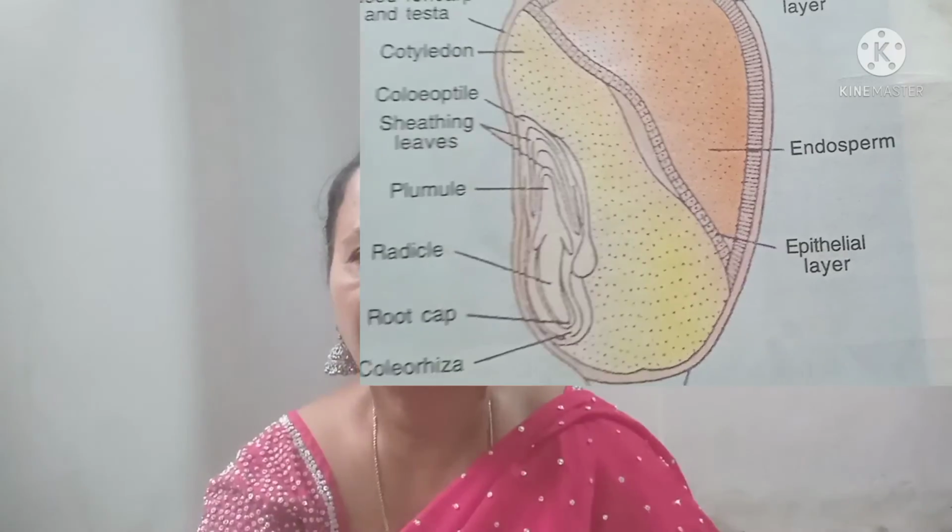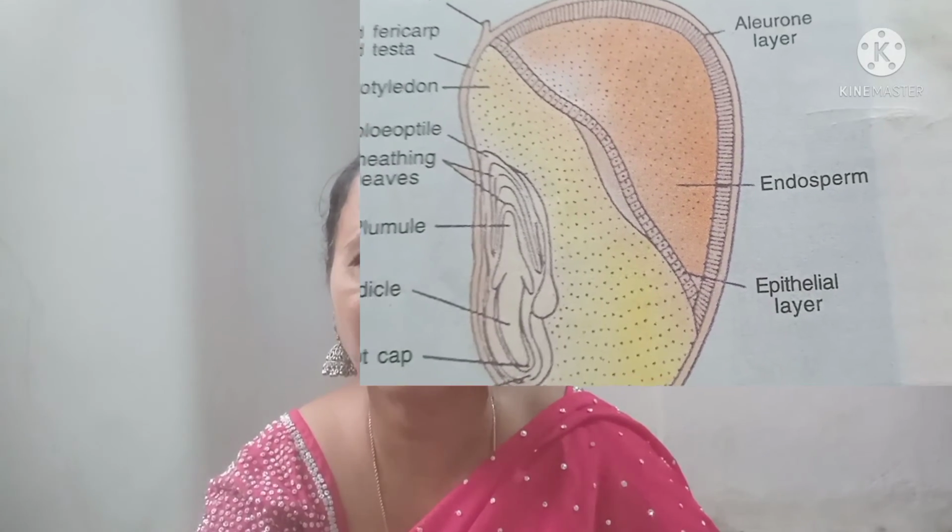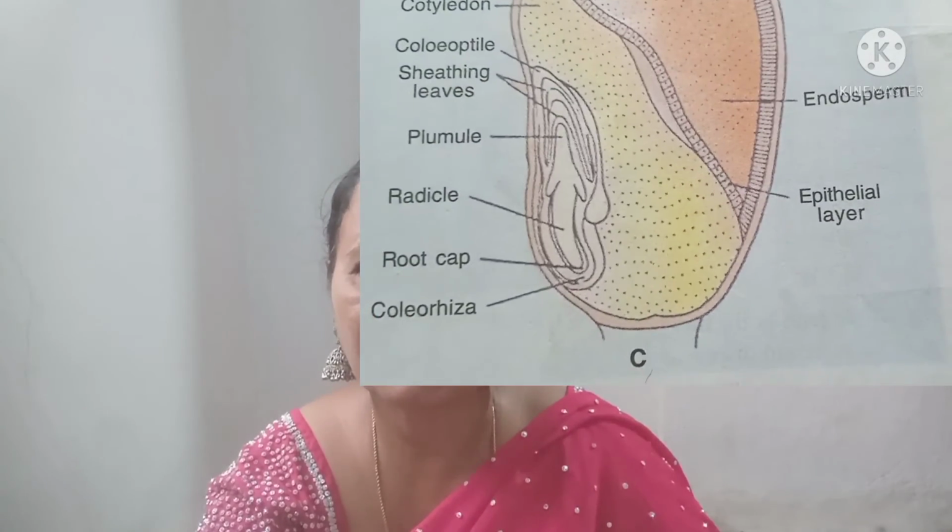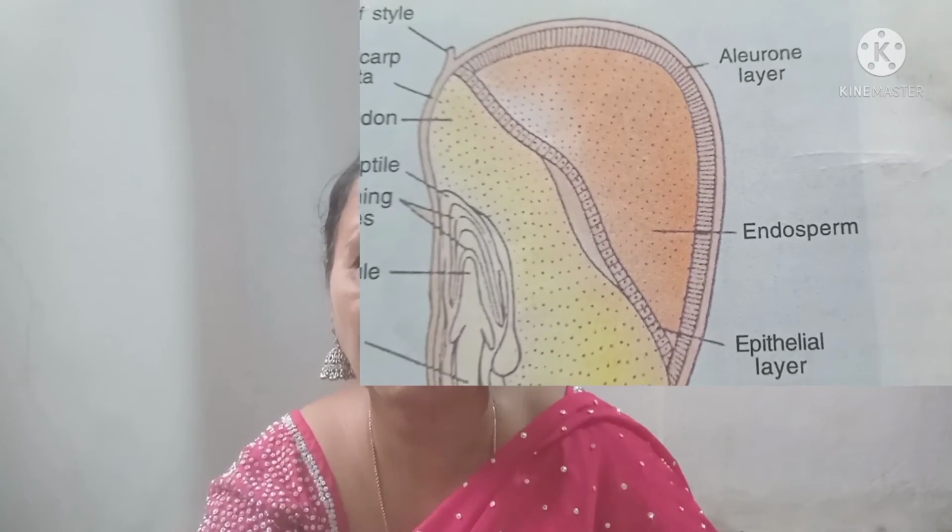There is only a thin layer surrounding the whole grain. This layer is made up of seed coat and the wall of fruit fused together. The grain remains divided into two unequal portions by a definite layer known as epithelium. The bigger portion is endosperm and the smaller portion is embryo.